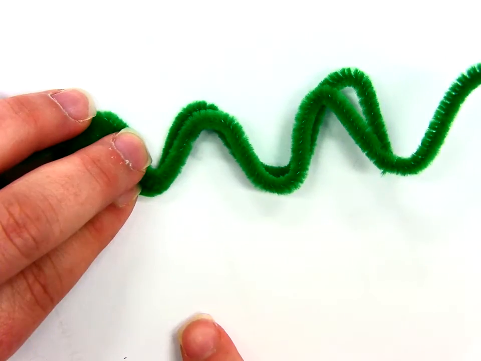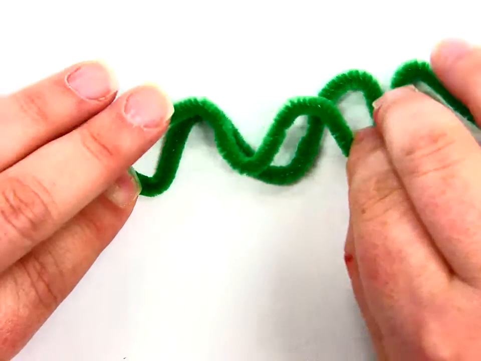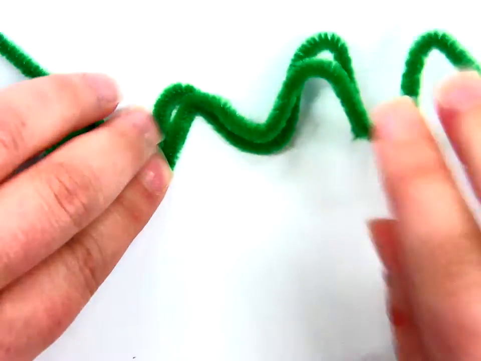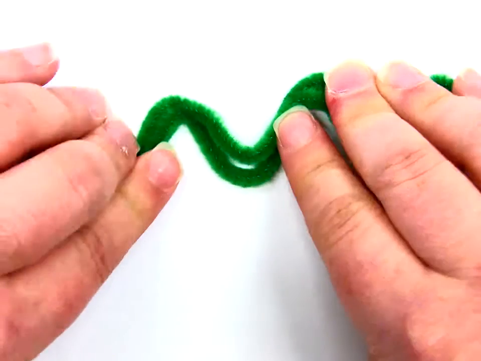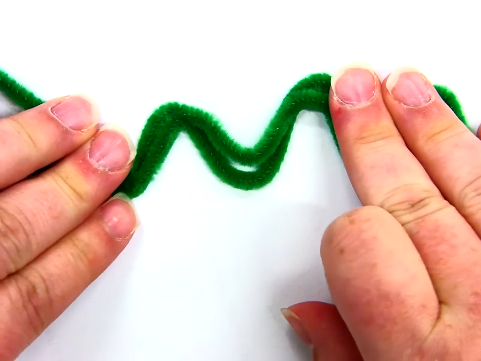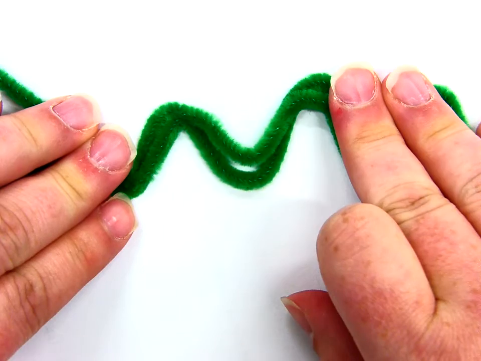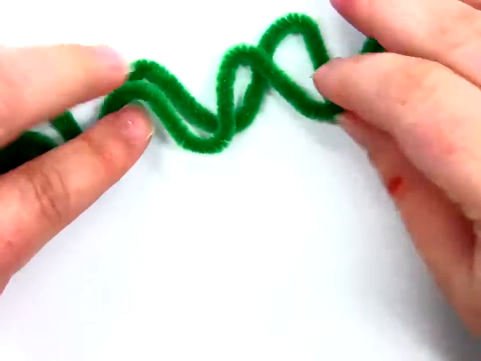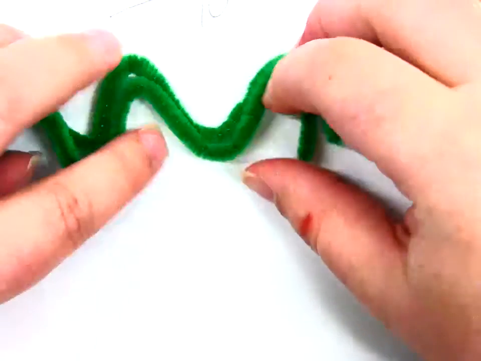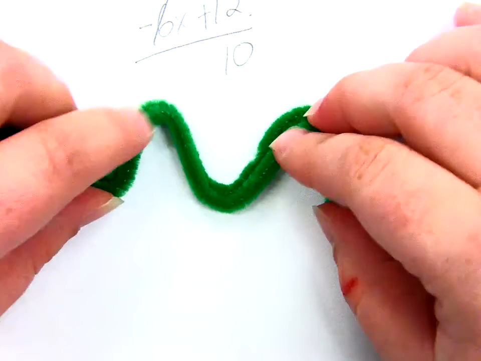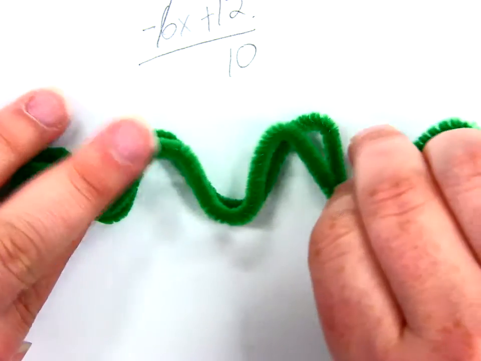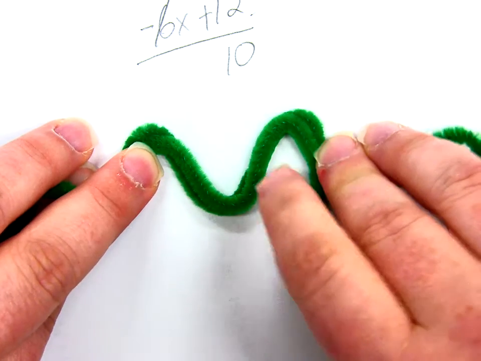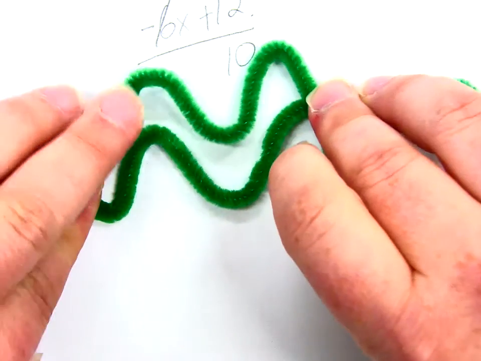If the period's 2 pi, and I move 4 pi, 2 humps over, it's still all gonna line up. It's just going to be the same curve right on top of itself. You get what I'm saying? See that? It looks the same.